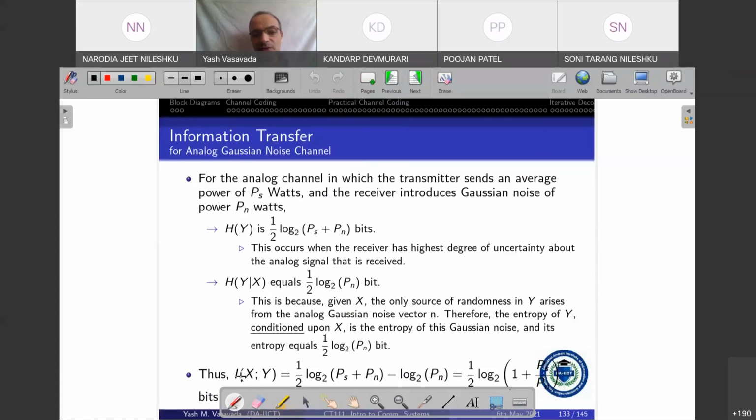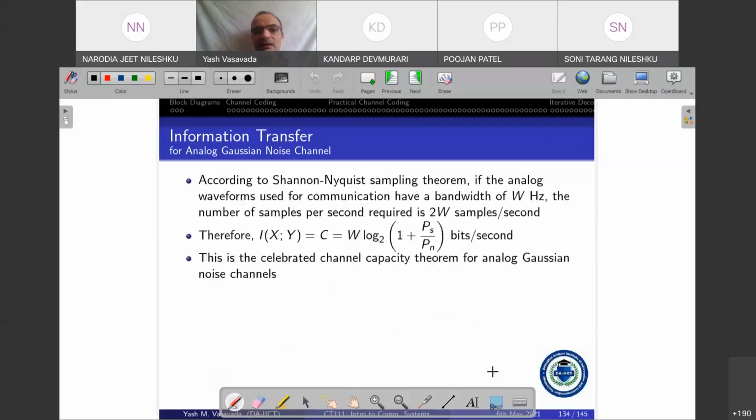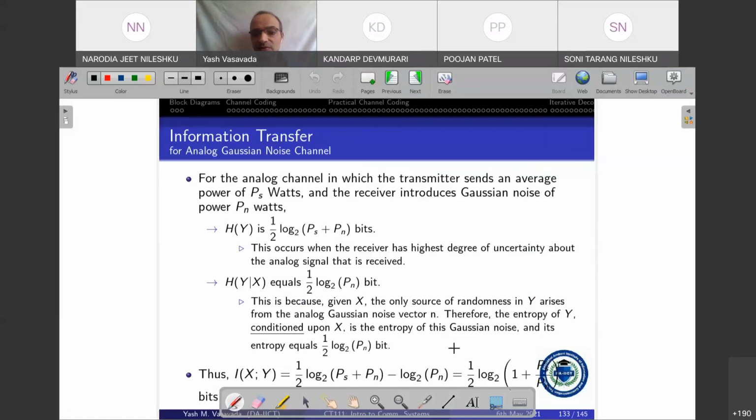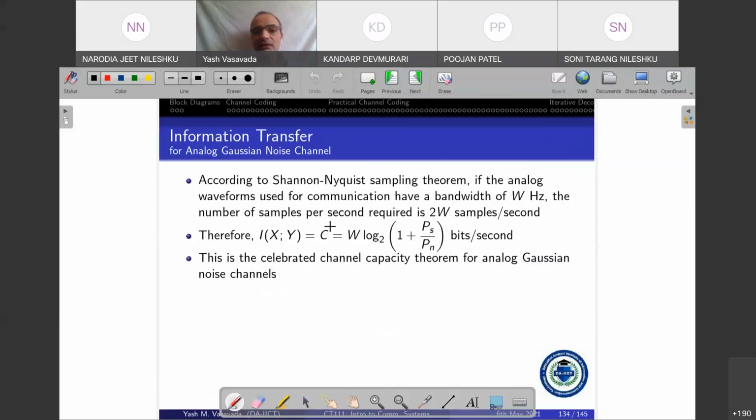And so the information transfer function is given as this, which simplifies to this. And then if you're transmitting this signal over a bandwidth of W, you have to multiply this expression by W symbols per second. And so you get the final answer, which is the celebrated channel capacity theorem, which you have studied in lab 1.